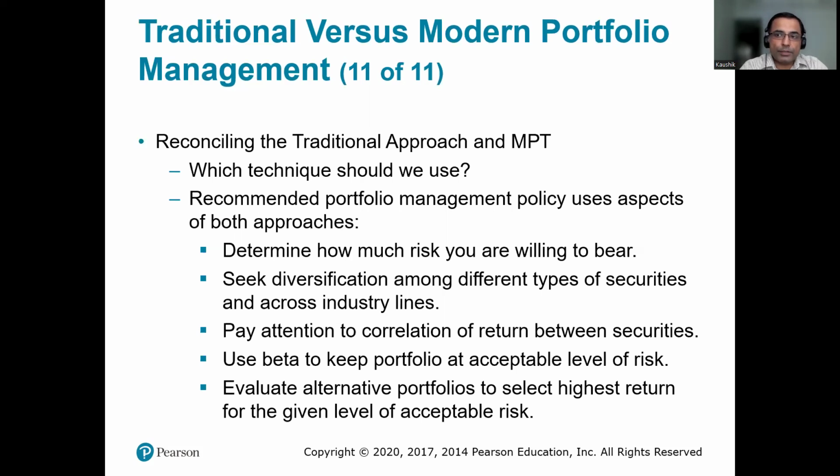That will help us understand the portfolio risk, whether the portfolio is able to minimize diversifiable risk. Then we look at the portfolio beta, which is the measure of undiversifiable risk exposure. And we look at the expected return from the portfolio.